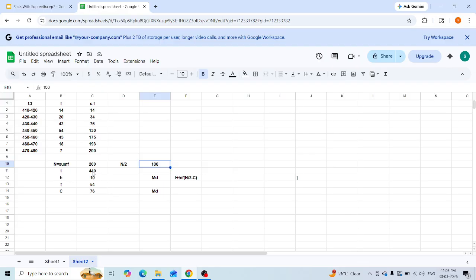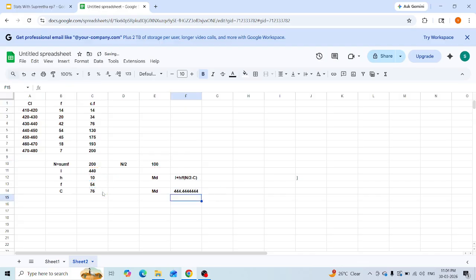Here L is the lower limit of the median class, that is 440. H is the class width, that is 10. F is the frequency, 54. C is the cumulative frequency before the median class, that is 76. Let's calculate the median, that is L, 440, plus h divided by f, that is 10 by 54, into (n by 2, 100, minus c, that is 76).